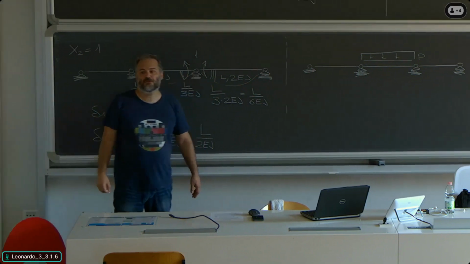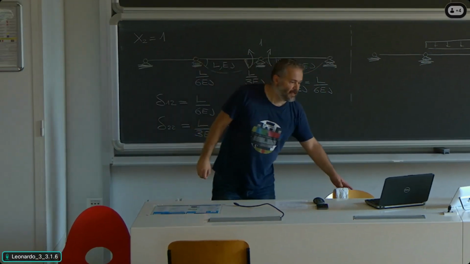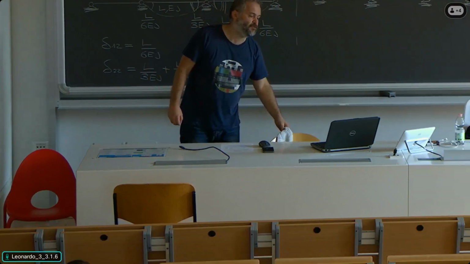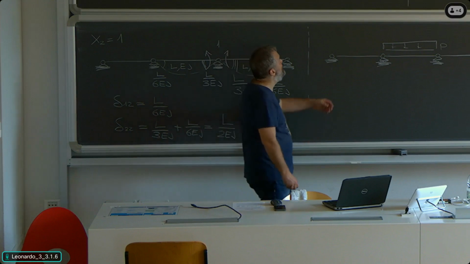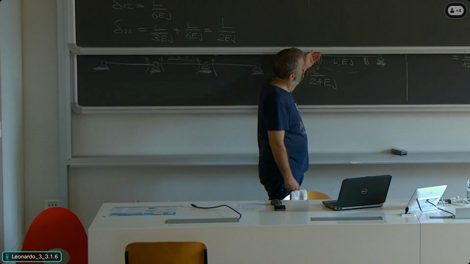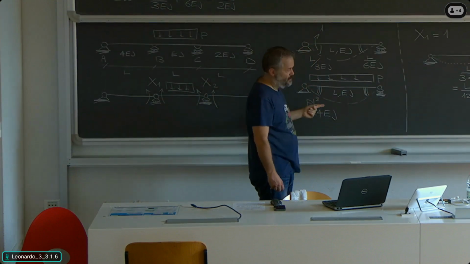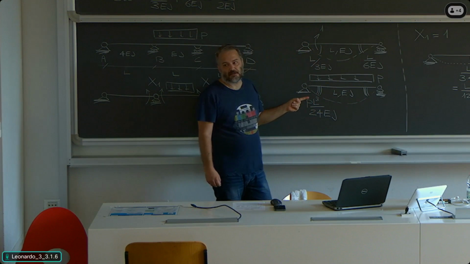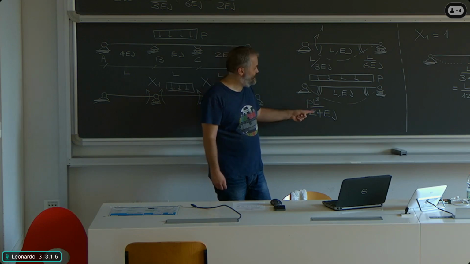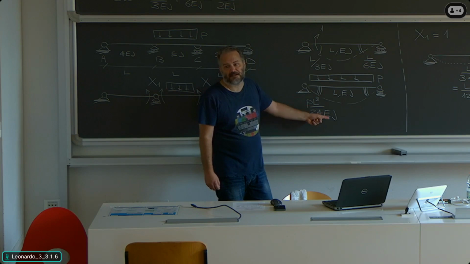In the case of the distributed load, everything takes place only on the span where the distributed load is applied, which means looking at the standard coefficient, which is this one, we know that a beam subjected to a distributed load has a rotation which is the distributed load multiplied by the length of the span to the power of 3 divided by 24 multiplied by its bending stiffness.